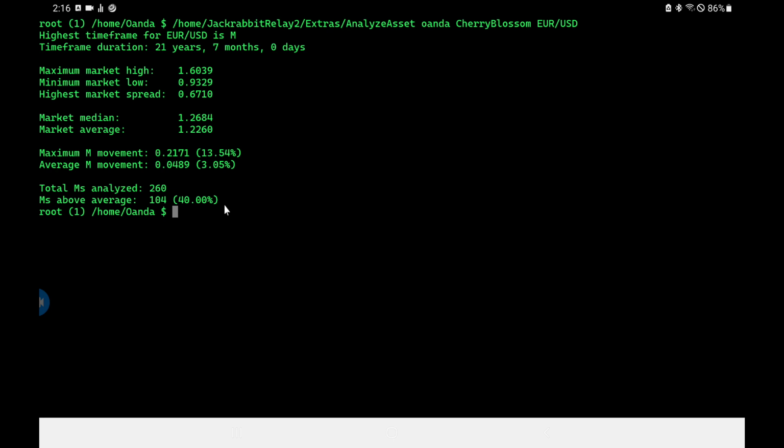For example, for me, this is the most important number that I look for in the market. How much does the market move on average on its highest time frame? That is critical because now I know how many levels I have in my grid, and this tells me what my absolute minimum number of steps needs to be to protect my budget.